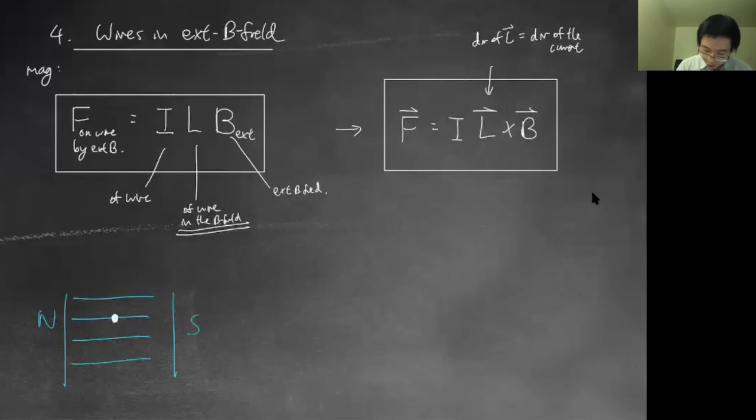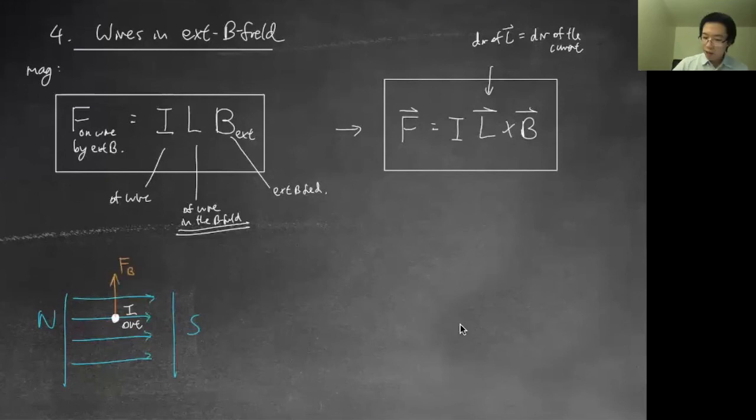So this is the current that's going out of the page. Let's use this idea of L cross B. I is coming out, which means this L vector is coming out of the page, and the magnetic field is pointing this way. So the cross product between these two is pointing up. So the magnetic force that the wire experiences is up.